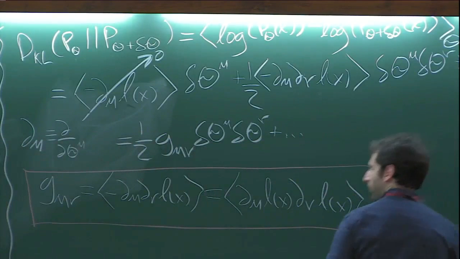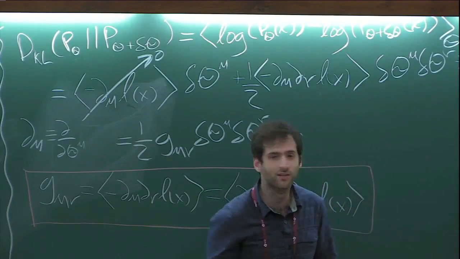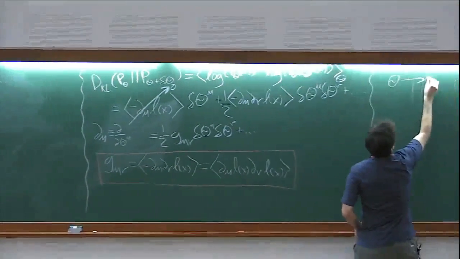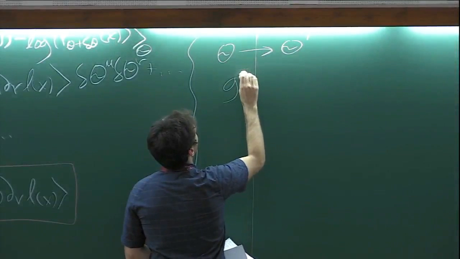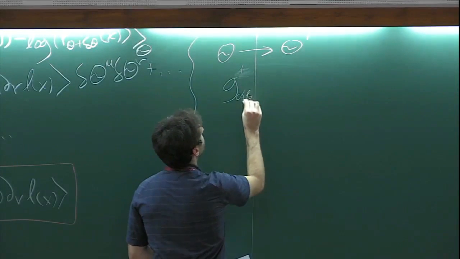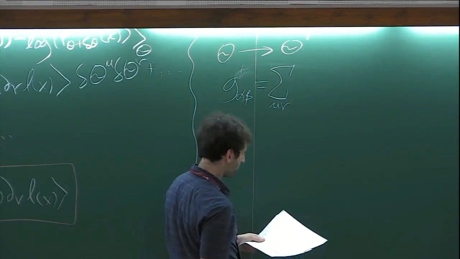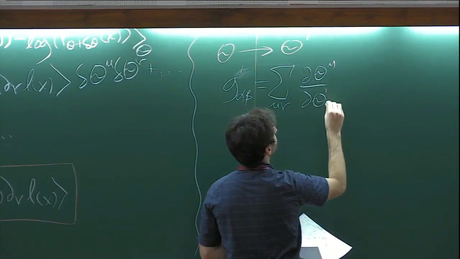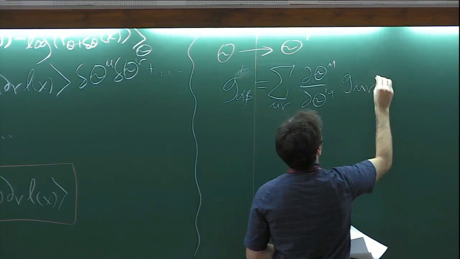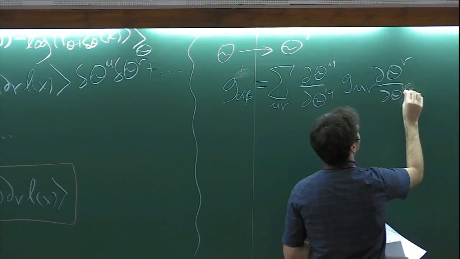So let me write that out. If I make a coordinate transformation from theta to theta prime, my new matrix G prime, which I'm going to write in alpha beta coordinates, is going to be written as a sum over mu and nu of the derivatives of theta with respect to theta prime alpha and theta prime beta.